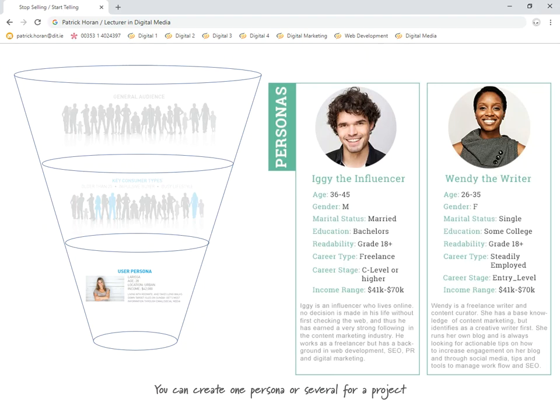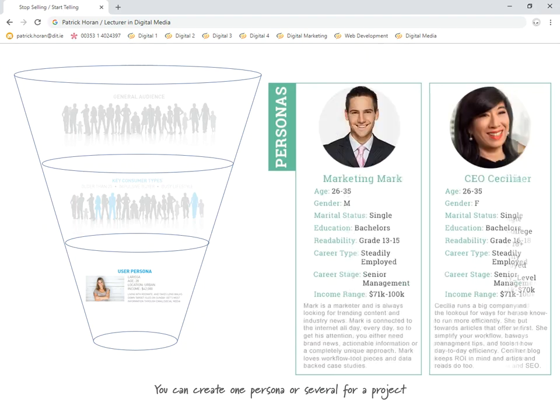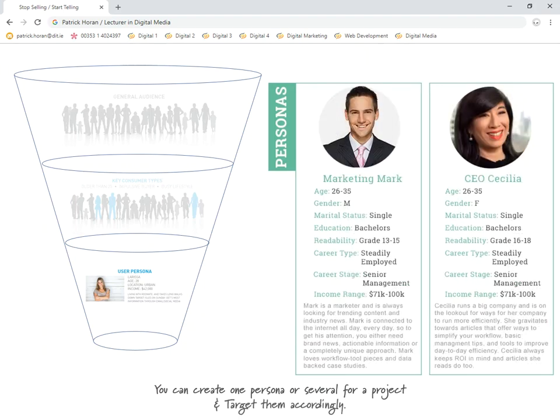You can say, well, this is for Iggy, this is for Wendy, and so on. You can put together as many of these as you want, and you can target different parts of the website to do different things based on these. You might have different ones for different aims as well.